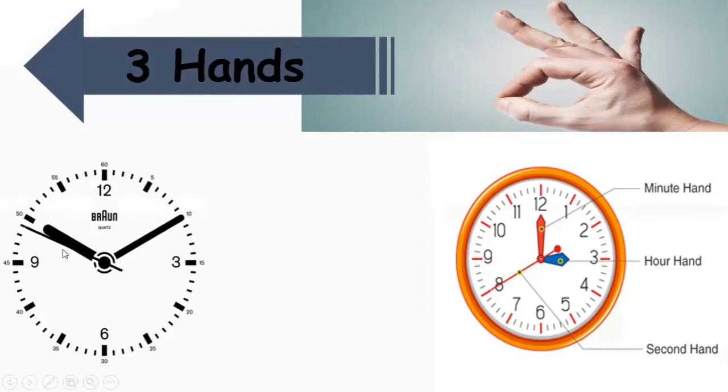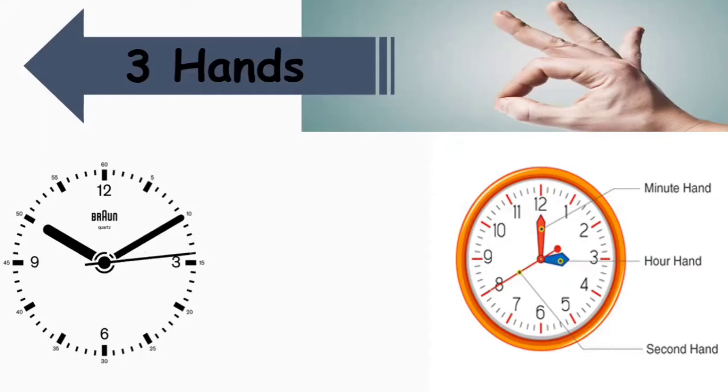So, when this hand moves, it takes one step at a time, then stops and takes another step. Then again it stops and takes another step. So, like this, the second hand takes 60 steps and each step makes 1 second.